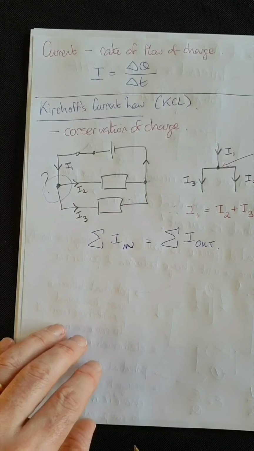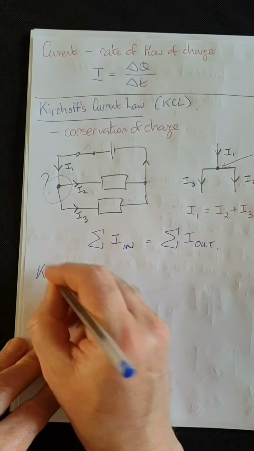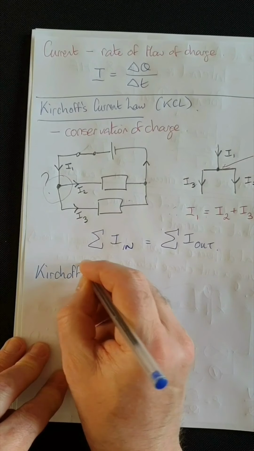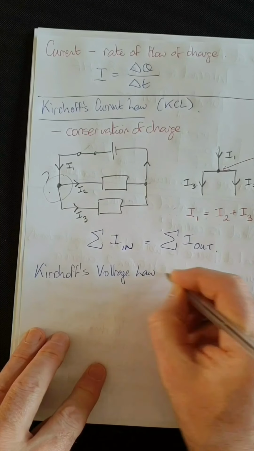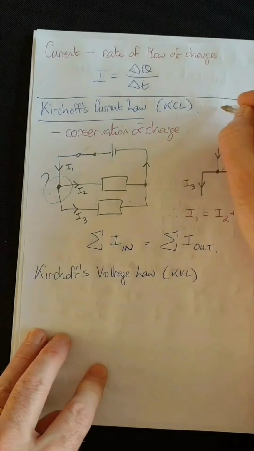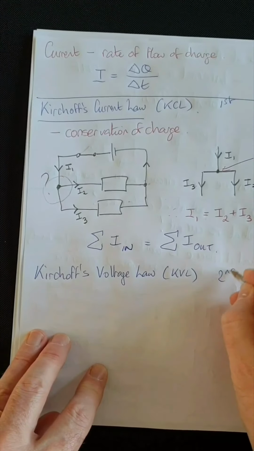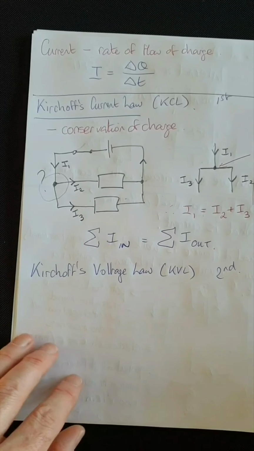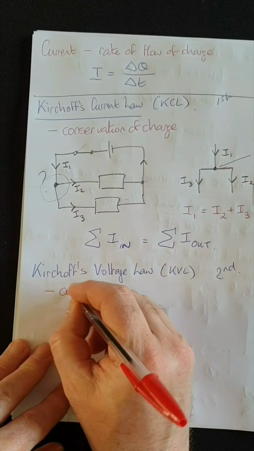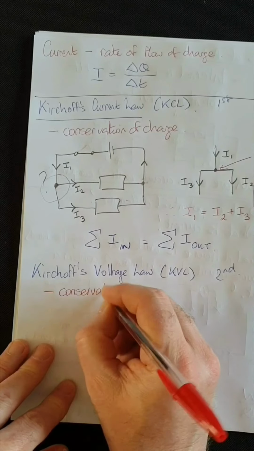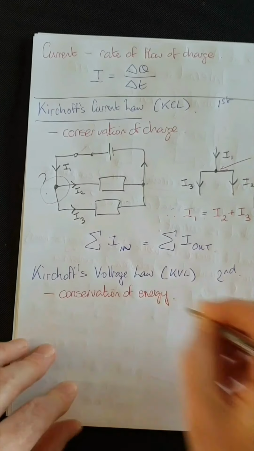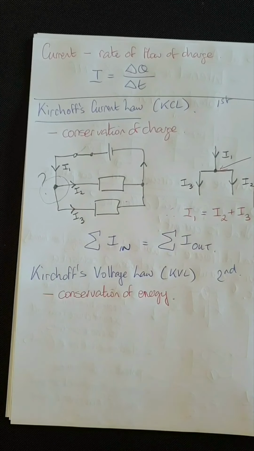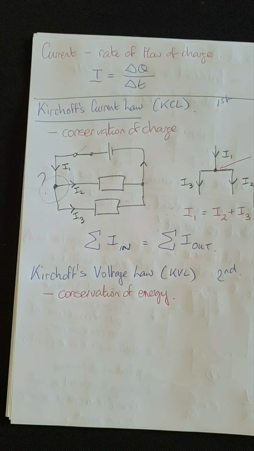That's Kirchhoff's current law. And Kirchhoff's voltage law. These, by the way, are sometimes called the first law and the second law. This is based on the idea of conservation of energy. So that gives us a clue that this is going to be about potential difference and EMF.